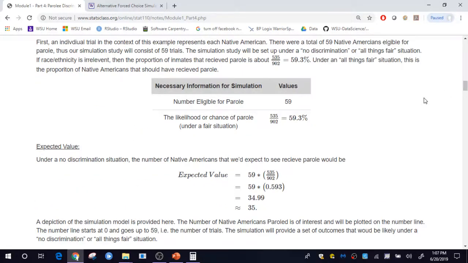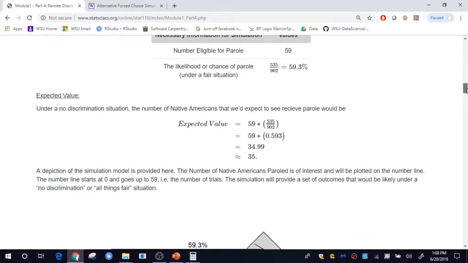Again, the necessary quantities for my simulation study are the number of trials, which is just the number eligible for parole. That was 59. And then the chance or likelihood of parole under a fair situation is going to be that 59.3%. We now have the values necessary to compute the expected quantity. The expected quantity is just the number of trials times that proportion.